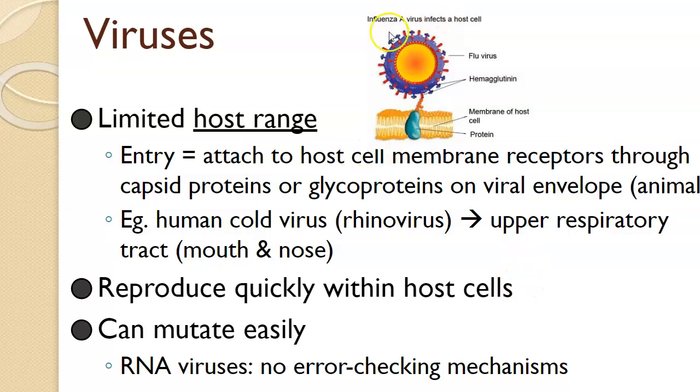So on the capsid, or perhaps on an envelope, if they have one, they attach through the glycoproteins or something to a cell surface receptor. And then they are able to kind of inject their DNA into the host cell. They can then reproduce very quickly within the host and mature easily.